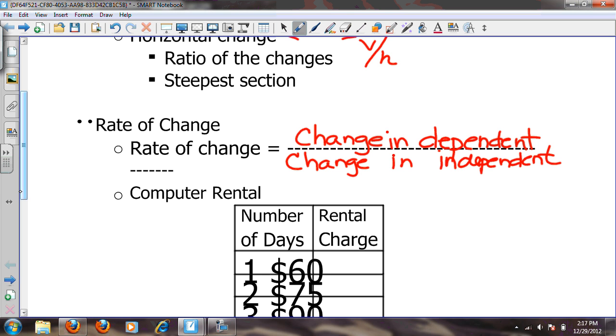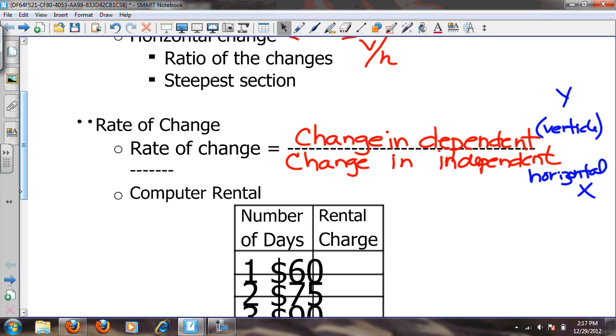Change in dependent is the change in the vertical, and the change in the independent, what do you think, Kylie, is then the horizontal. Okay, Matthew, how else could we say that? The vertical is the X or the Y. It is the Y. And the horizontal, Cole, is then the X. And we're going to talk more about that as we continue to look at that later.